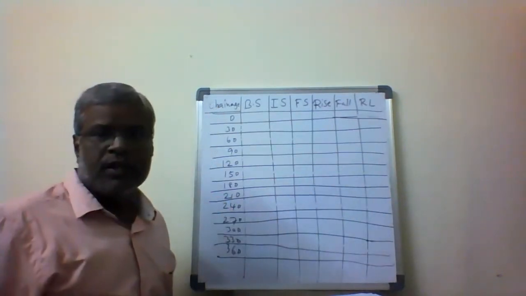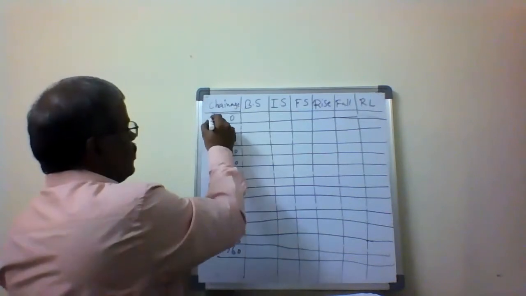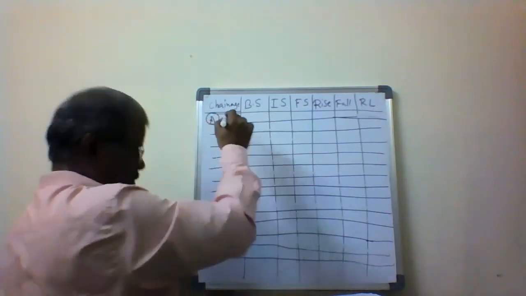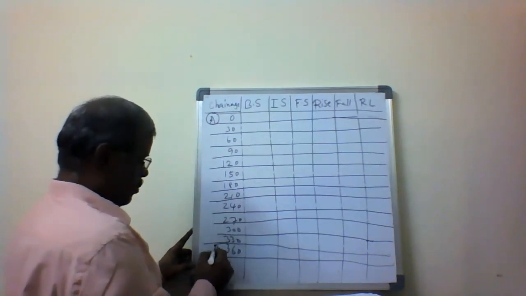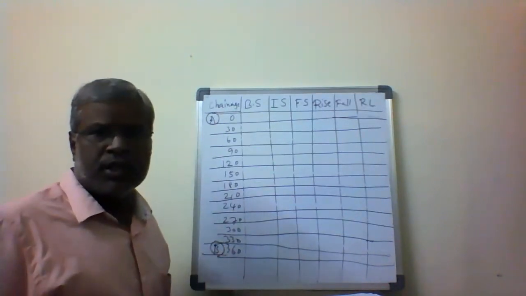So the chainage is given from 0 to 360. 0 is at point A and 360 is at point B.